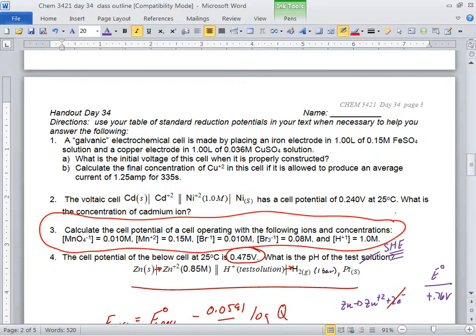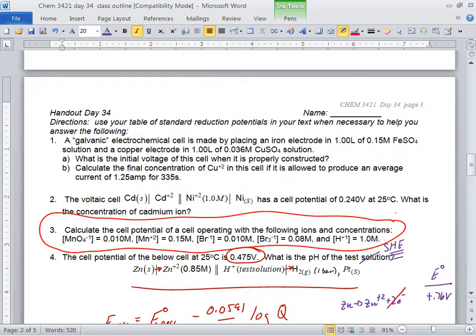You have to figure out which reactions are going to be the most spontaneous. So you identify half-cell reactions that involve these, that are plausible, that are possible. In this case, it tells us the hydrogen ion concentration, so you can't rule out ones that involve the hydrogen ion, because it told you you have appreciable hydrogen ion.